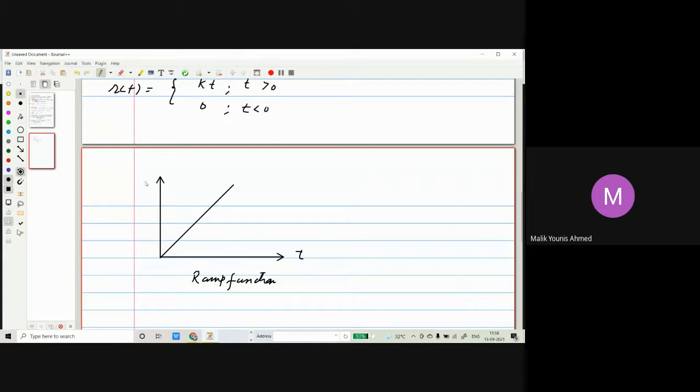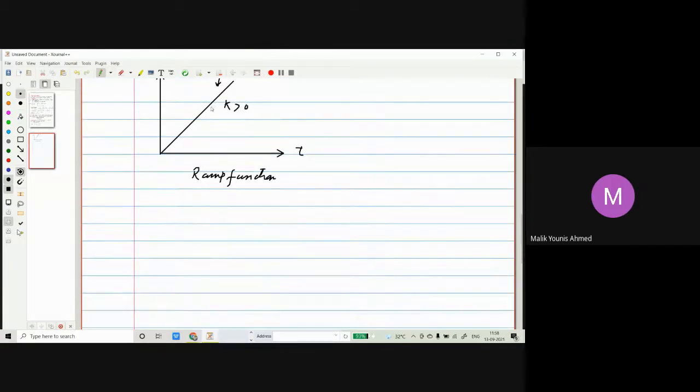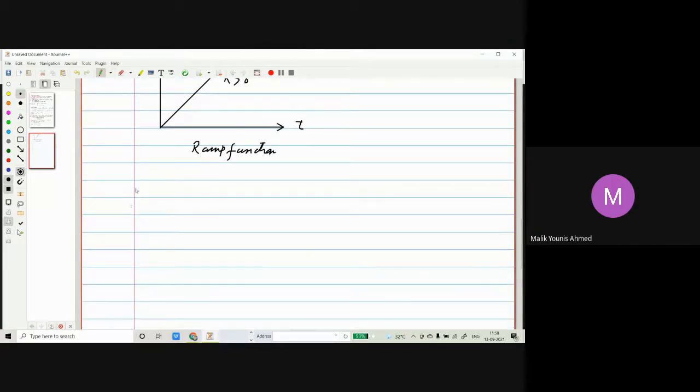Here it is R of t, and this is the slope, we say k, where k is greater than 0, that we know already. Now we need to find the Laplace transform of this one.